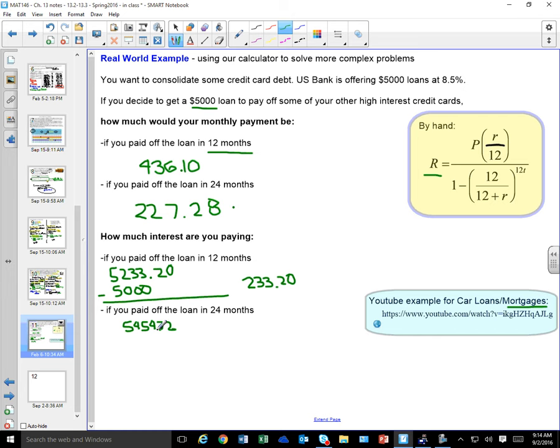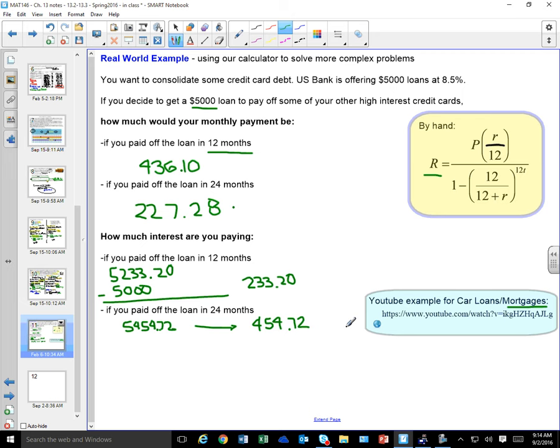All right, so I subtract 5,000 from that, and that gives me interest of $454.72. So by extending the loan another year, I basically end up paying about double in interest. So I go from 233 to 454.